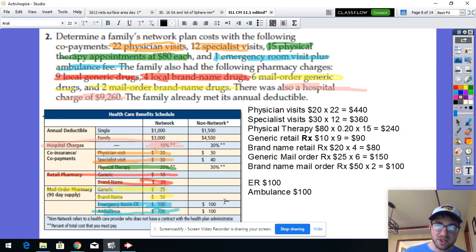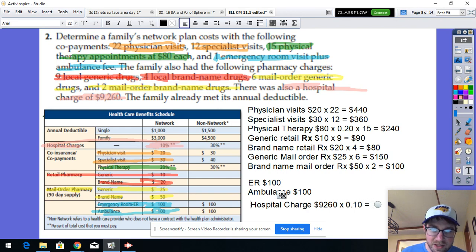So for the hospital charge, we take the entire amount, $92.60, and multiply it by 0.10 because that's 10% written as a decimal, and that's $926. $926. Oh, have I done everything yet?